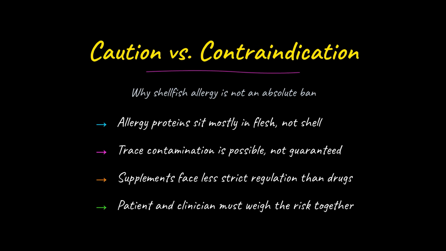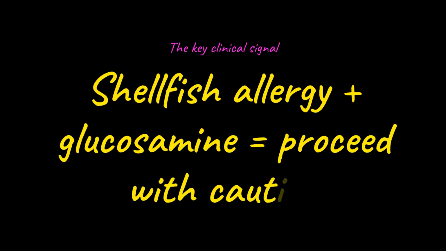The responsibility for checking the source and weighing the risk falls on the patient and their clinician. Whenever you see glucosamine paired with a shellfish allergy, the teaching is measured caution, not a hard stop. Know the source, involve the provider, and make an informed choice.